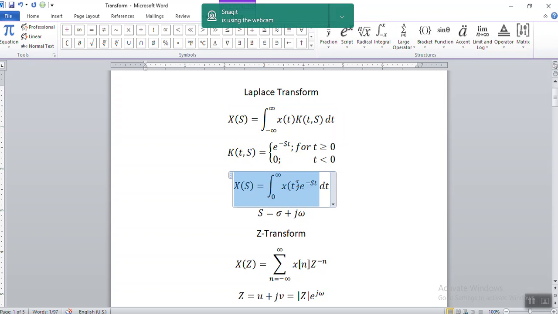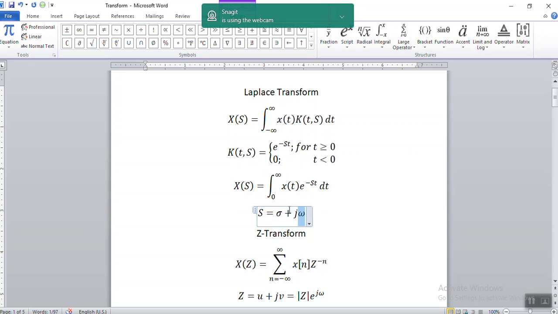So, this is the popular definition of the Laplace transform, where s is nothing but a complex variable denoted as sigma plus j omega, where sigma is the DC average value of the function x of t, and omega is the frequency content of the signal x of t.